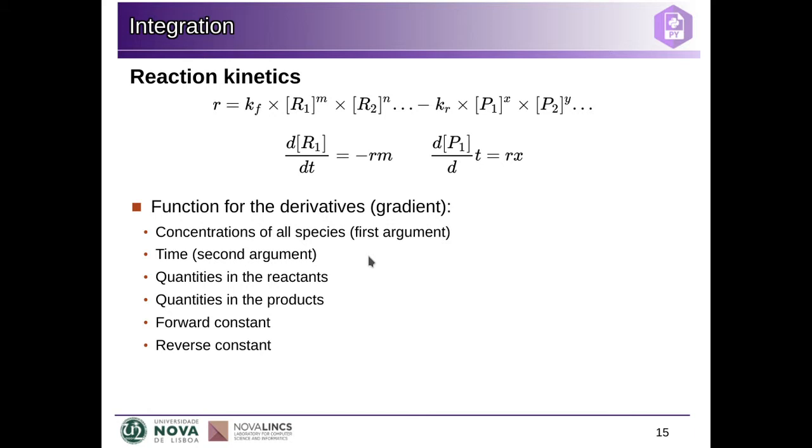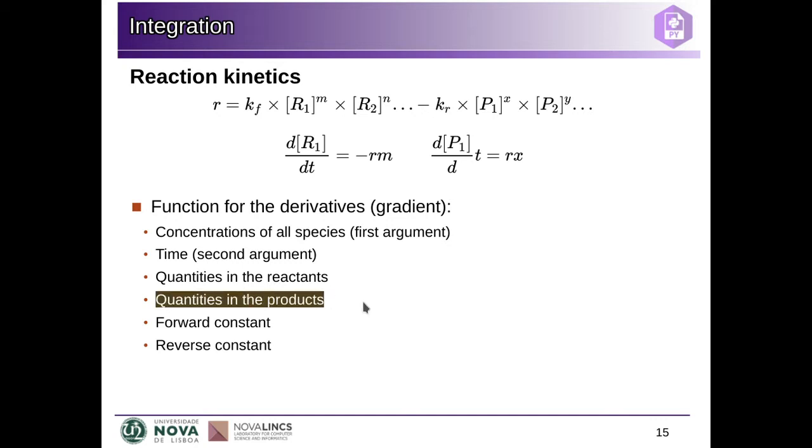They're always the same expression, but this is something odeint always gives the gradient function, so we need to account for that. And then we're also going to need a few other things in order to be able to generalize this and represent this in general. So we need all the quantities in the reactants, these m, n, and so on. We are going to have a vector so that for each species we have how many of those are in the reactant, so in the left side of the equation.